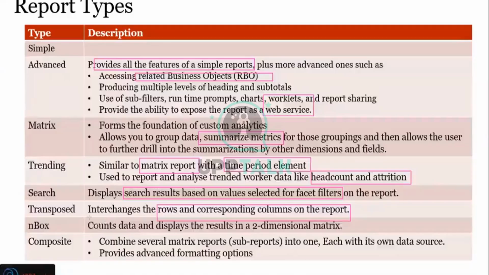Then we have inbox reports again. These reports are used in talent modules. These are your grid reports, your matrix reports, or matrix box reports. For example, you want to plot all of your employees, maybe all employees in your supervisory org based on their performance versus potential. Right.